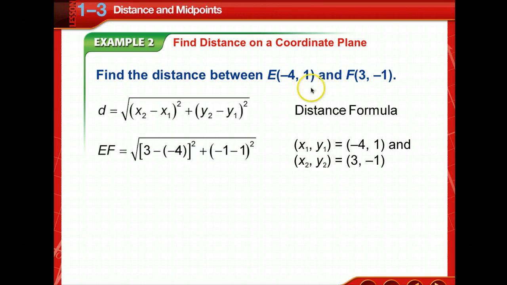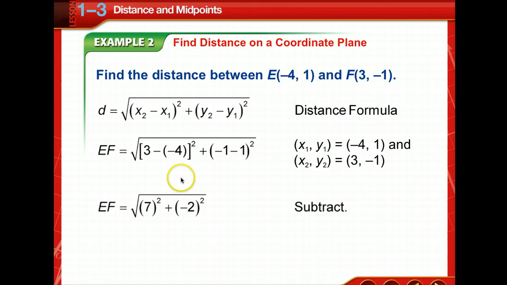So we have 3 minus -4, and we square that, plus -1 minus 1, and we'll square that. So we end up with this minus makes that a plus, 7 squared, plus -2 squared. We simplify, and so the distance between E and F is the square root of 53.